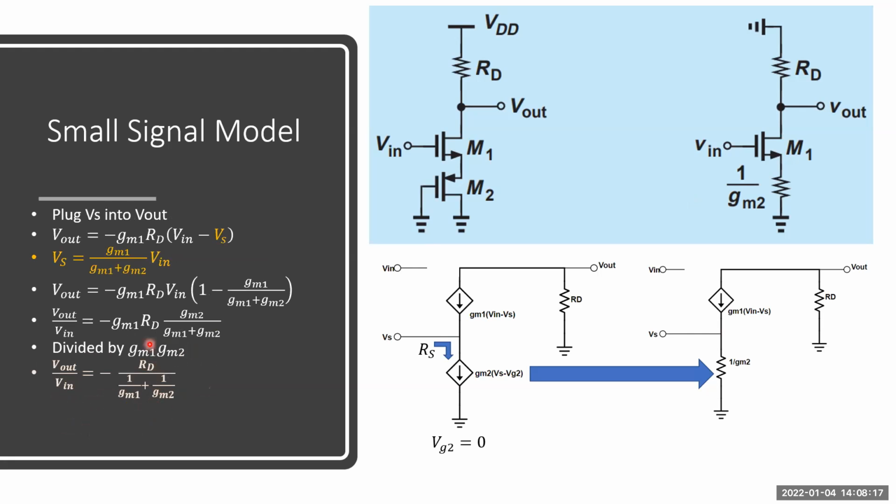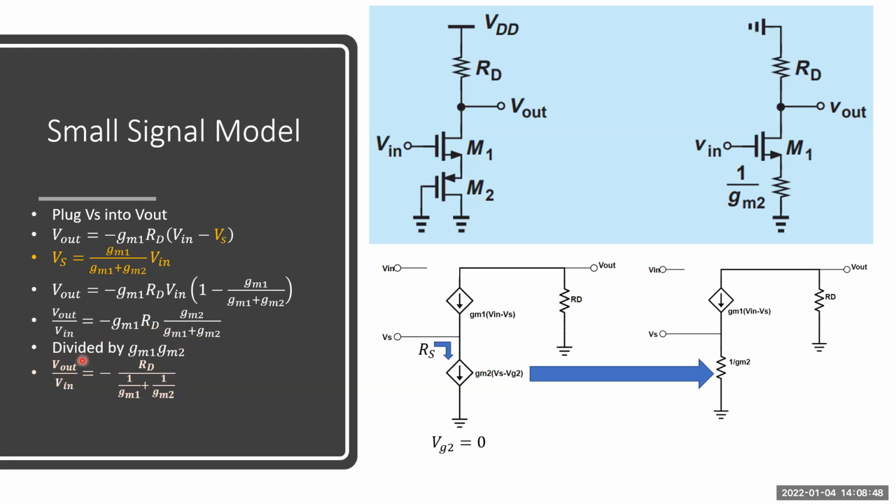Now we are going to plug this Vs expression into the Vout equation. What is Vout? Minus gm1 RD times (Vin minus Vs), and we derived the Vs expression. Just plug it in. Then we get Vout divided by Vin equals minus gm1 RD times gm2 divided by (gm1 plus gm2).